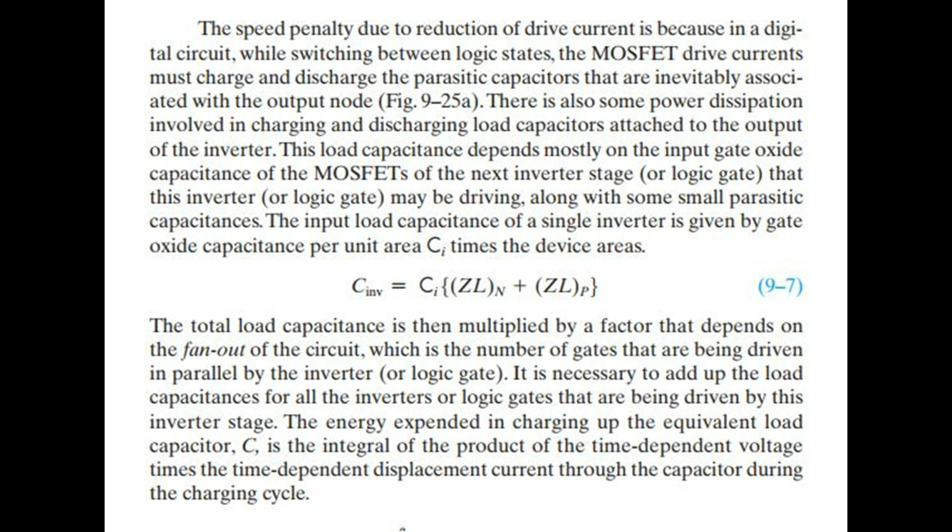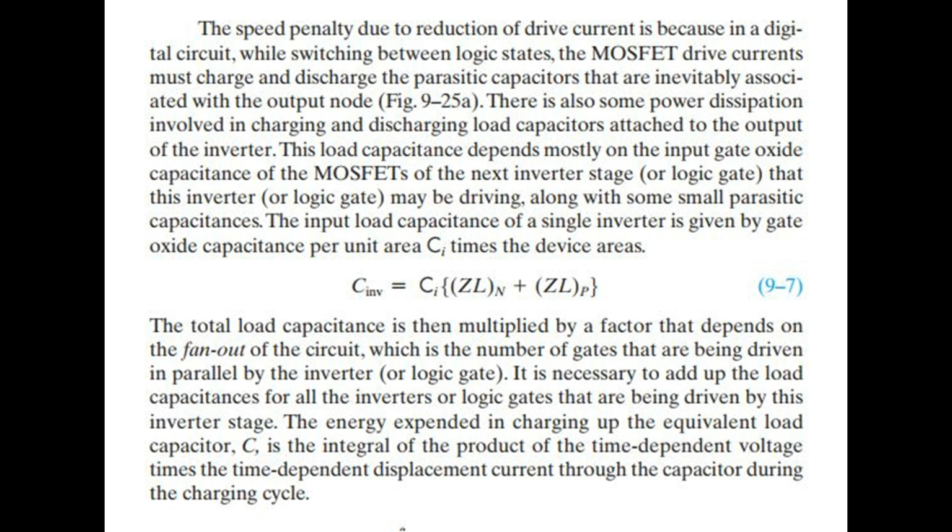The input load capacitance of a single inverter is given by gate oxide capacitance per unit area Ci times the device areas. The total load capacitance is then multiplied by a factor that depends on the fan-out of the circuit, which is the number of gates that are being driven in parallel by the inverter, or logic gate.